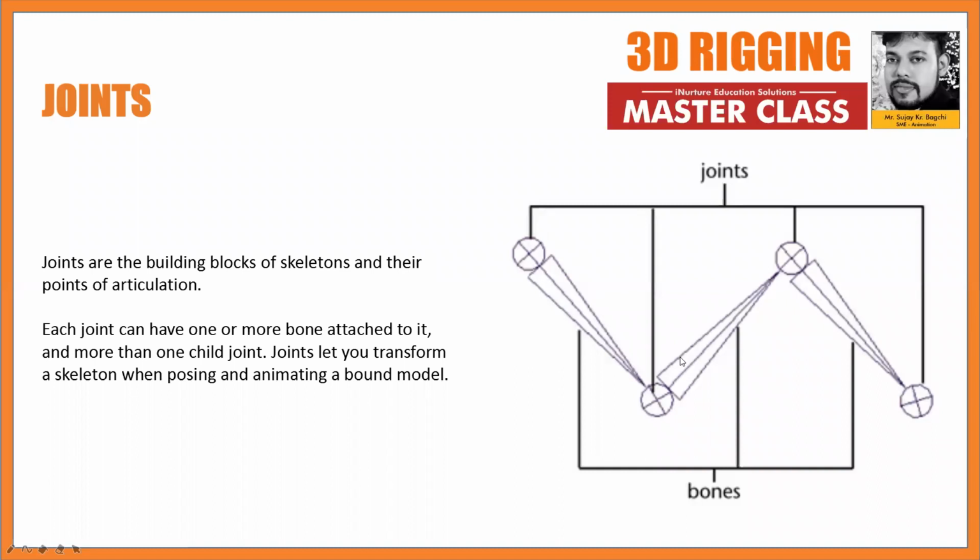So we have 1, 2, 3, 4 joints here along with 1, 2, 3 bones. This is a small representation so that you can understand what exactly we are discussing. Go to the next slides.